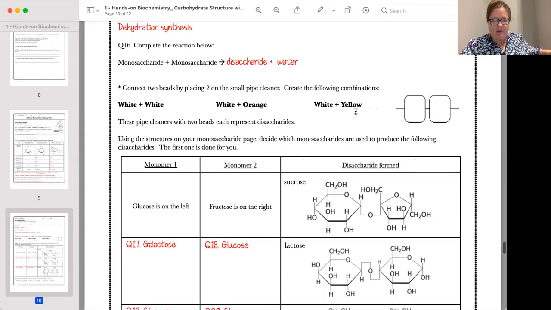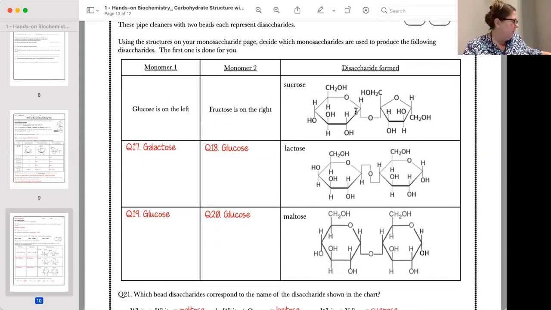Then if we look on down and we have glucose and glucose, then we form maltose. So now we have 3 disaccharides, maltose, lactose, and sucrose. Okay, these are disaccharides.